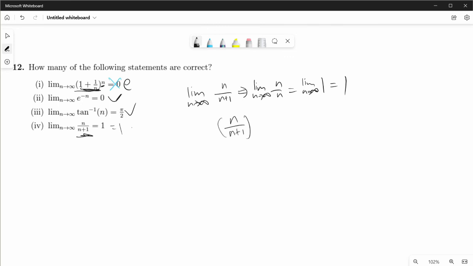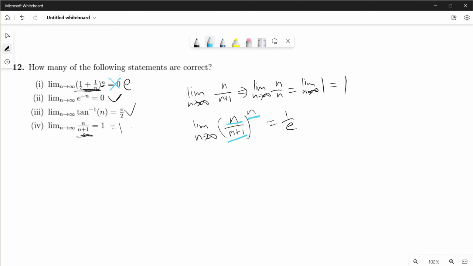That's the difference because there is a power here. If I take the limit of this with the power, then that's different. That's not 1. That's actually 1 over e. Although at infinity the numerator and the denominator are infinitely close, there's still a small difference, and that small difference gets magnified through the nth power.